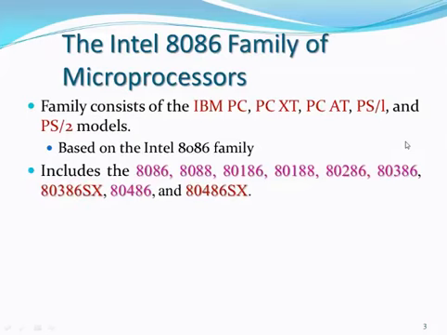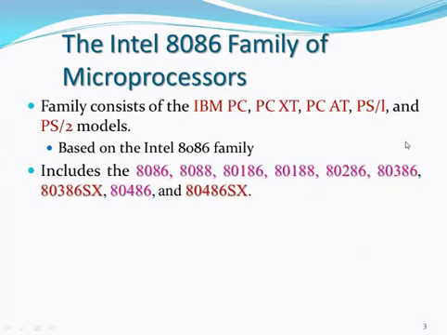Thus the next family is improving by having built-in storage devices, hard disk drive. And then you get another computer, another family member, the AT, advanced technology. And then also with these advanced technologies you are considering models like PS/1 and PS/2. So these are the versions, the models for the family members.